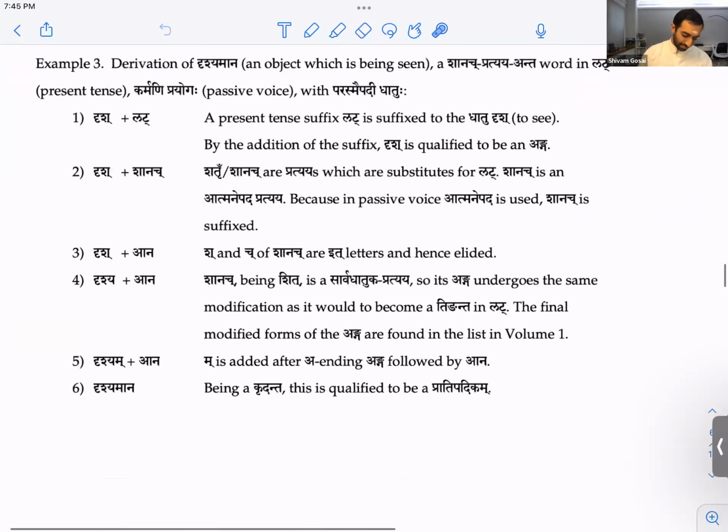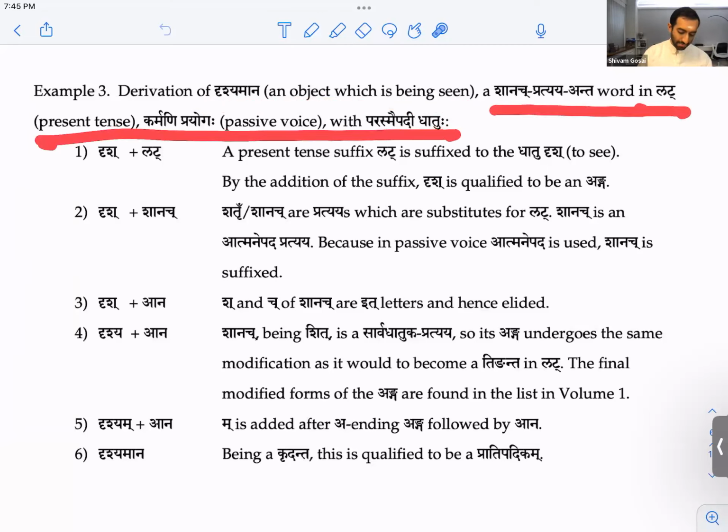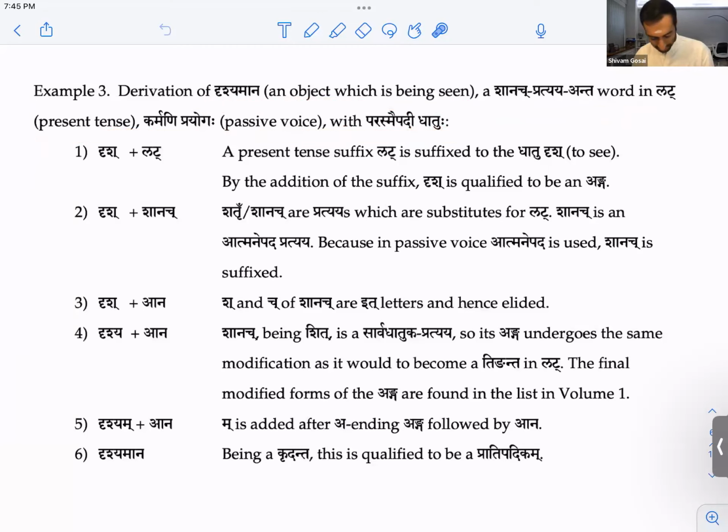Another example, we're going to make drishyamana, an object which is being seen. In a Śānac pratyaya anta word, in lat, karmani prayoga, parasmaipadi dhatu. Let's see this carefully. Drish plus lat. Drish is the anga.